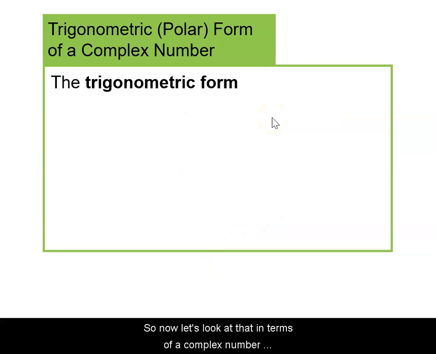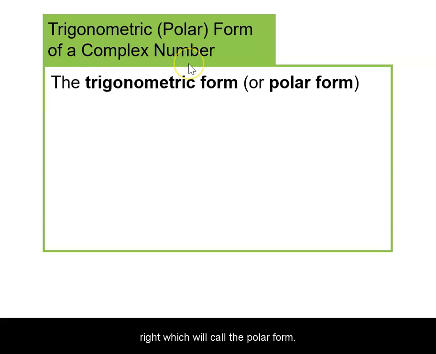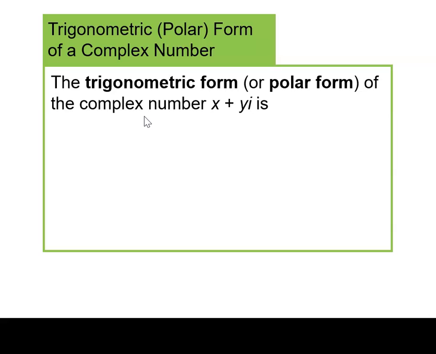Okay. So now let's look at that in terms of a complex number, right? Which we'll call the polar form of our complex numbers. So remember, a complex number is a plus bi. So in this case, we're saying x plus yi because x is the real axis and y is the imaginary axis.